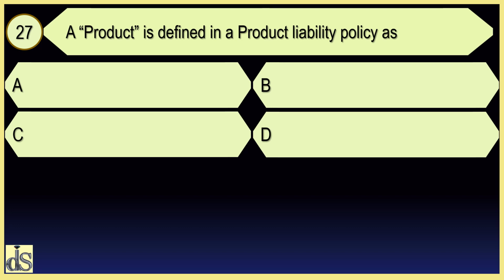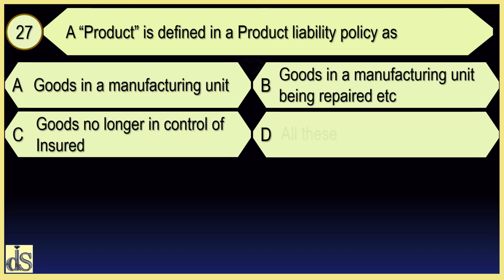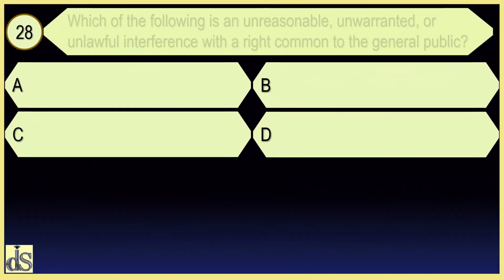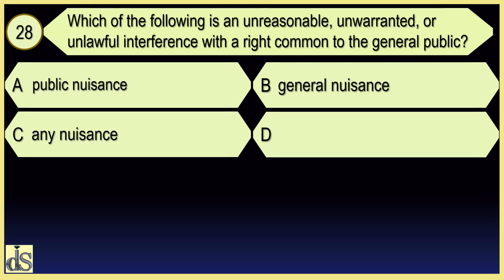A product is defined in a product liability policy as goods no longer in control of insured. Which of the following is an unreasonable, unwarranted, or unlawful interference with a right common to the general public?